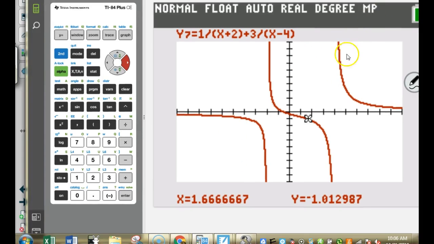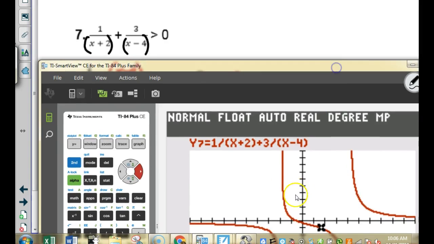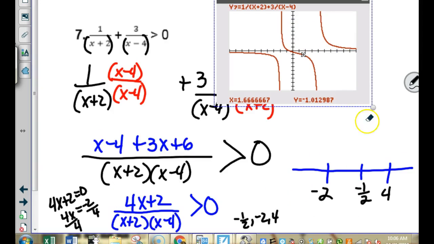Okay, let me do this so we're sure we're getting this. So to the left of -2, it was negative. Between -2 and -1/2 is this piece, so it was positive. From -1/2 until 4 was that piece, it was negative. And out past here, it all stayed positive.